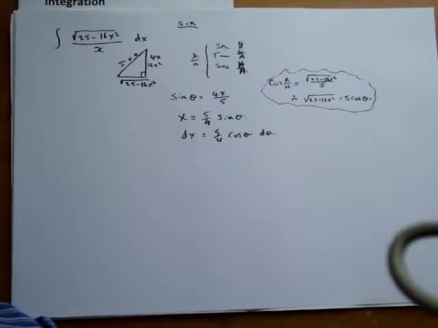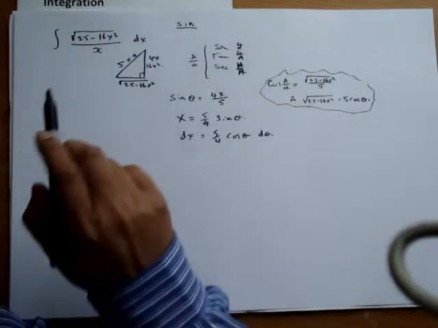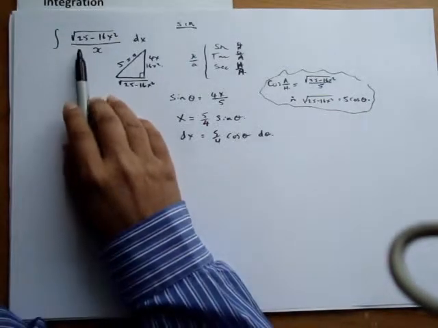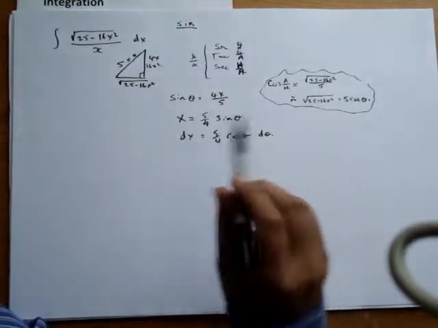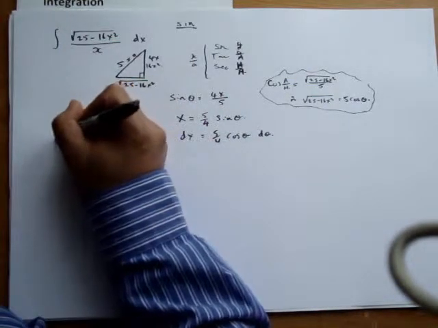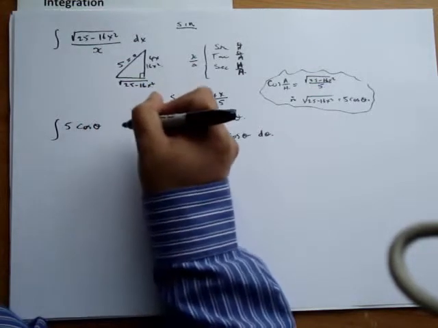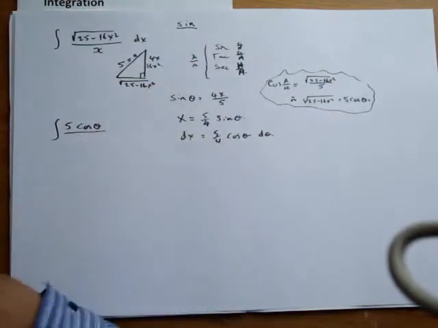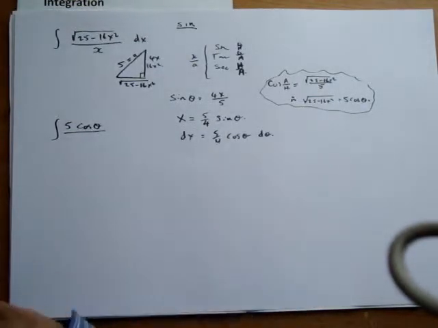So let's have a look. We've got the square root of 25 minus 16x squared, and we just said that was 5 cos theta. So this will become the integral of 5 cos theta over x, and we said x was 5 over 4 sine theta.